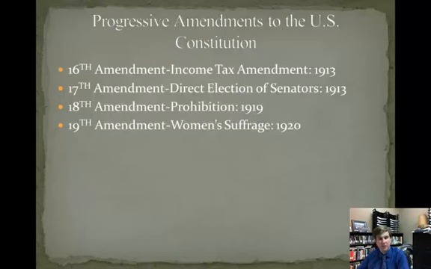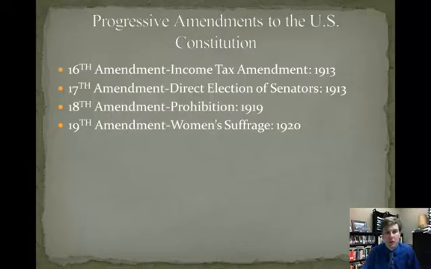The 17th Amendment is the direct election of senators. So now senators are not elected by the state legislatures; they're elected directly by the people, which is going to forever change the composition of the central government. Because if the senators are elected by the state legislatures, the states still have control over these people, but if the senators are elected by the people, the states have no control over the senators in the United States Senate.